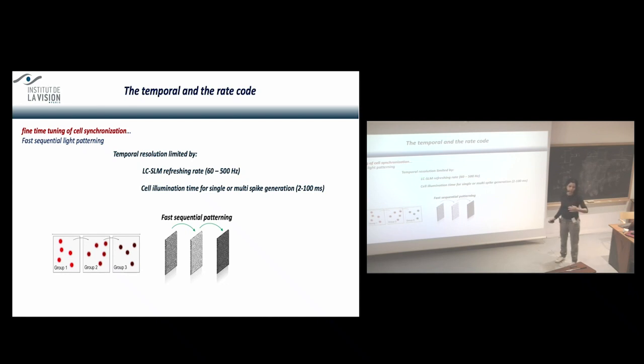If I want to send multiple holograms, there is a limited time from one to another, which is related to the time the liquid crystal takes to reorient, which is between 60 and, I would say, more than 300 Hertz. And also, you have to illuminate. So you not only have to send a series of holograms, you have to also send a hologram, generate an activation pattern, and move to the next. And this illumination time is from 2 to 100 milliseconds.